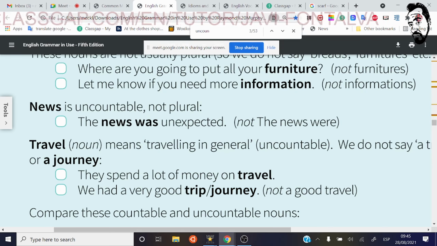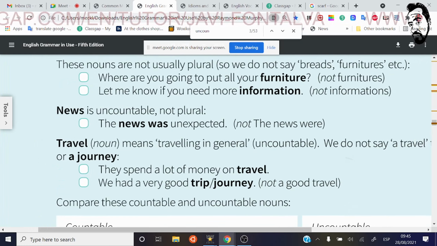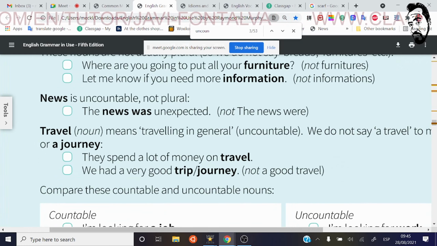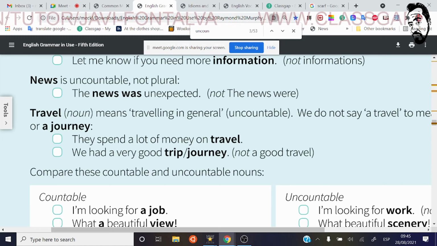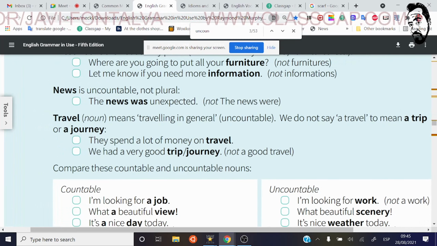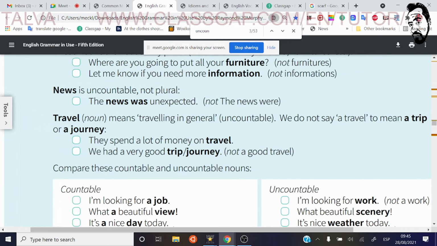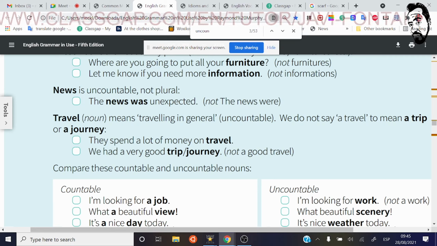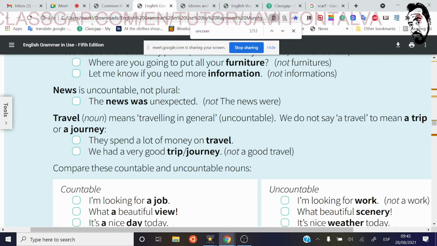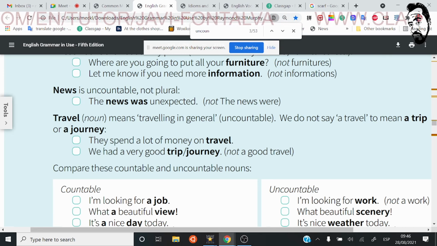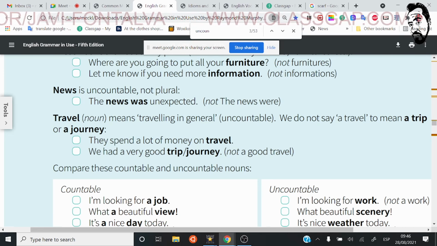A journey in the show is okay. Journey, jornada sería, ¿no? No. Journey means when you go from one place to another place, for example the journey from, I don't know, Malaga to Madrid. Viaje sería, pero no de travel o de trip.